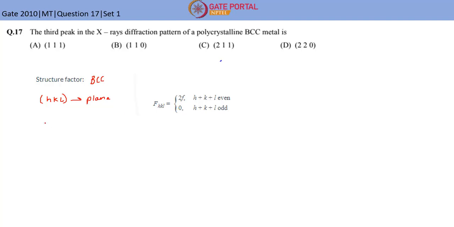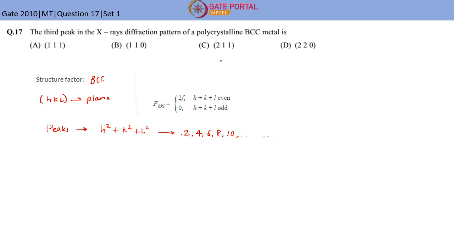Hence the extinction condition is that the peaks we get will be where H square plus K square plus L square is 2, 4, 6, 8, 10 and so on.